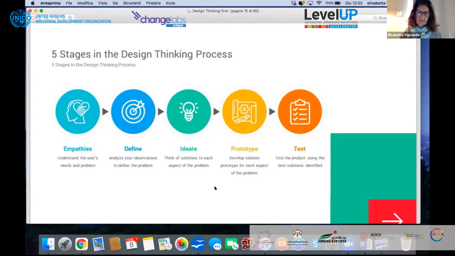Then we have to prototype. Prototype is the development of the solution, which means that we develop physically the solution, the product or the service, and then we try to understand if it is the right solution or not. And then we have the final step, which is the test.